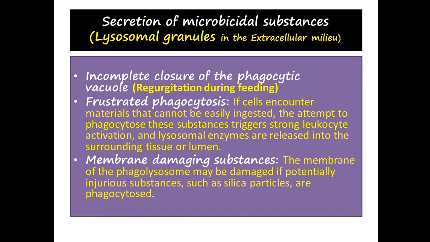You know that there are certain microorganisms and certain other invading agents that are very hard and resist the action of the leukocytes, and the leukocytes attempt repeatedly to kill these microorganisms and these invading agents, and during this attempt there is a lot of damage to the healthy tissue, and this circumstance we say is the frustrated phagocytosis.